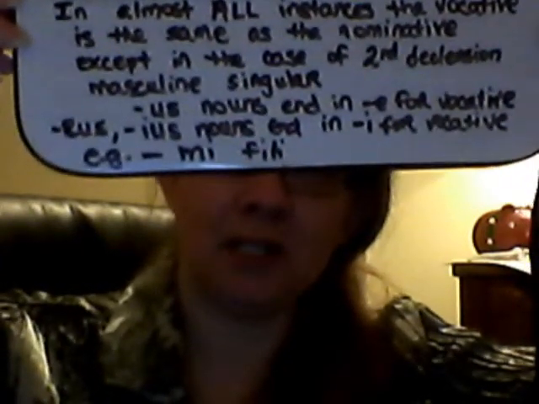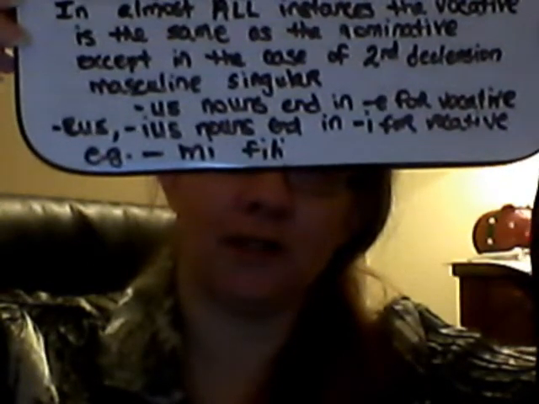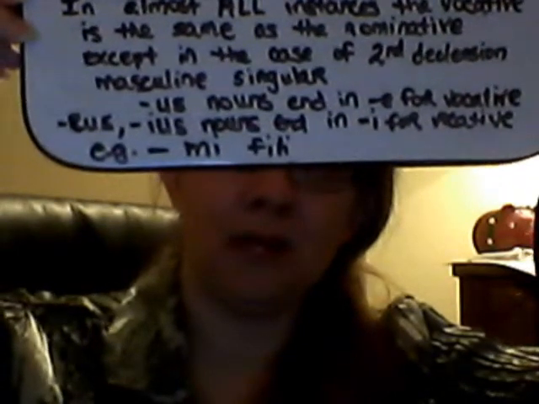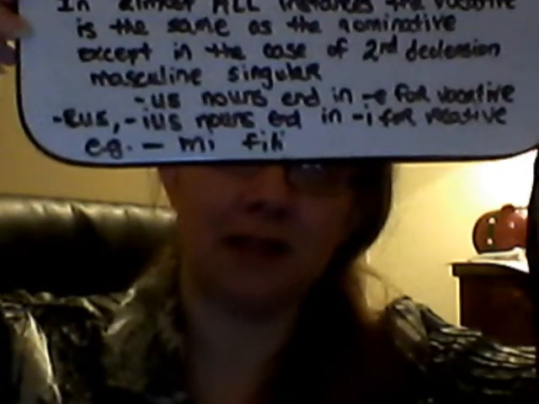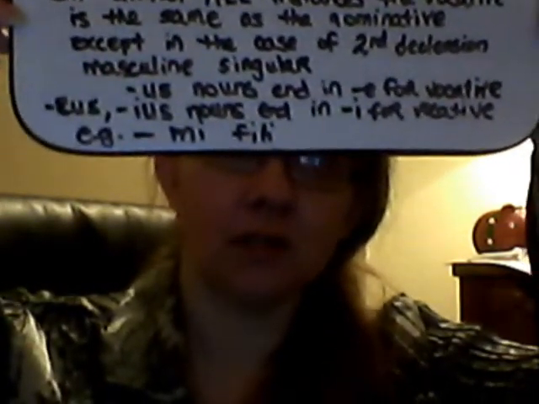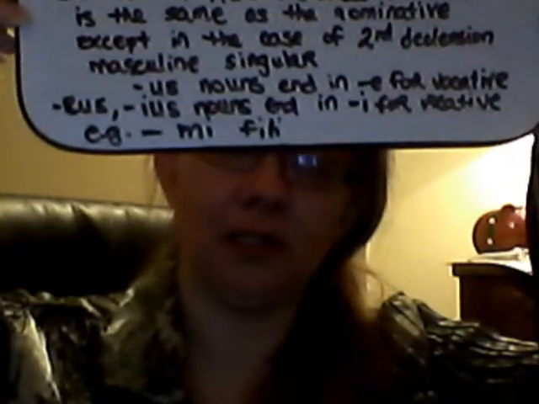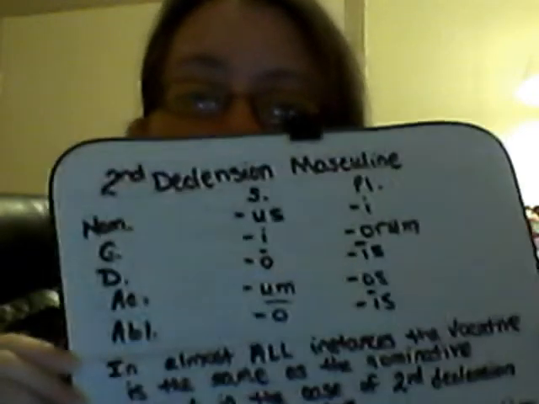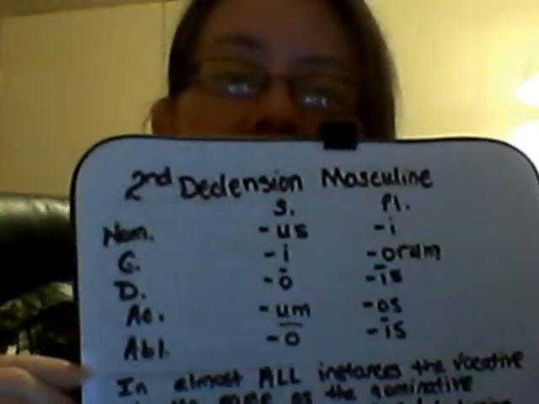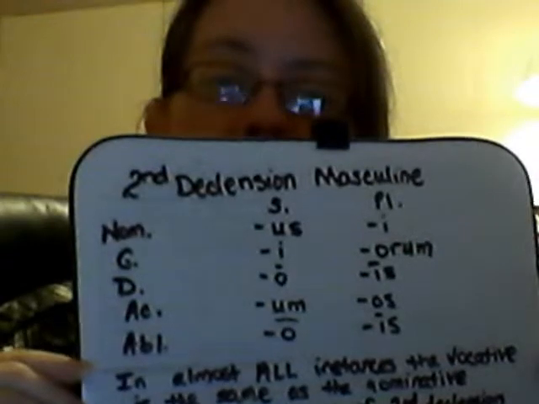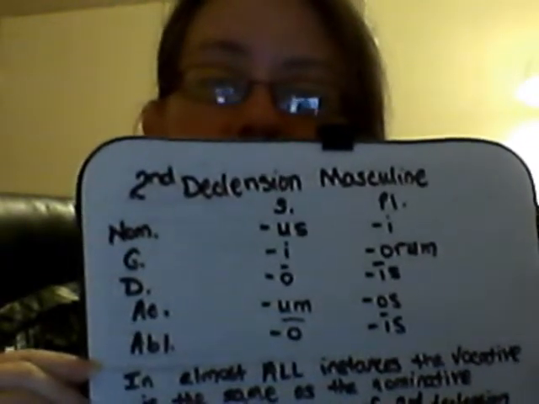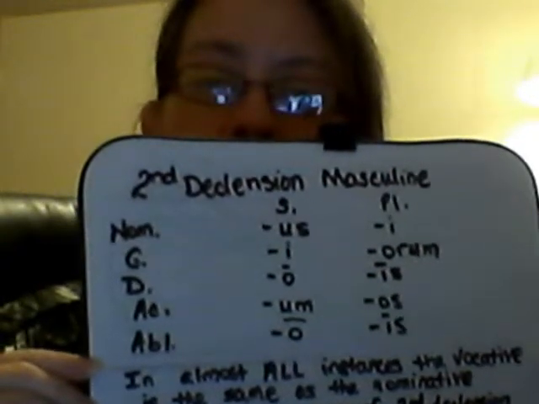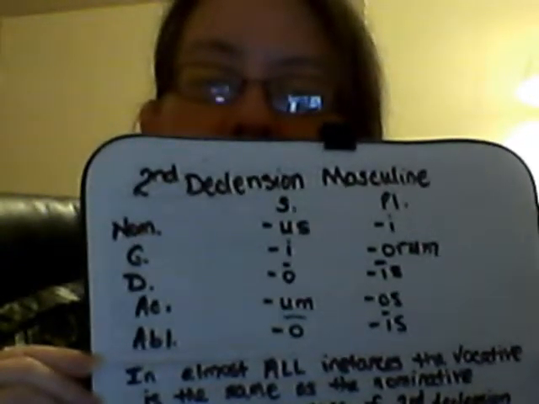For example, e.g. is Latin for exempli gratia, which means for example. Mi fili, which means my son. So that's one of the vocabulary words, filius, son. Now, I'm going to leave this up for a second for you to write down the endings: us, i, o, um, o, i, orum, is, os, is.